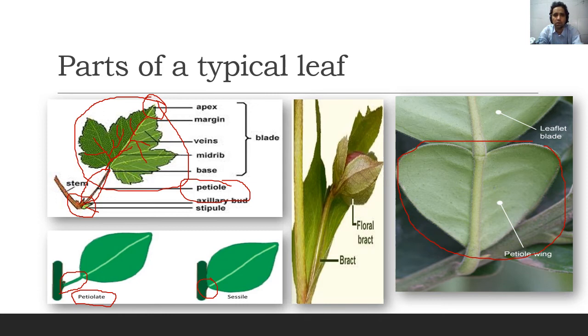And in this case, when the stipule is present, this leaf is called a stipulate leaf, and if the stipule is absent, this leaf is called exstipulate. Here, this is the main stem, and here you can see the flower. This is the flower, and at the back side, this is the leaf. Such a leaf in the axil of which a flower is present is called a bract leaf.